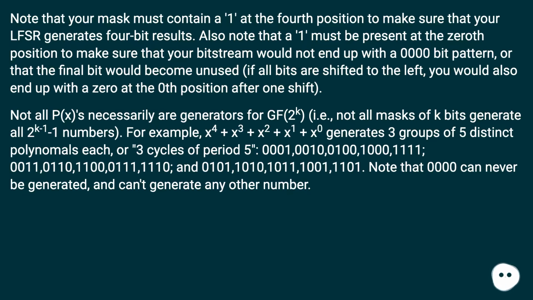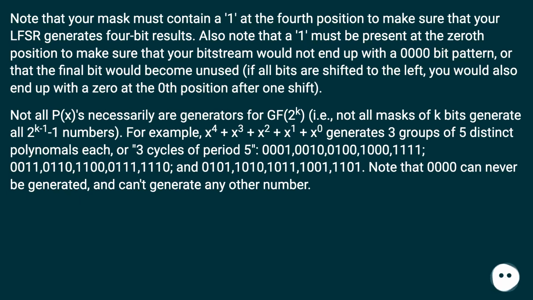If all bits are shifted to the left, you would also end up with a 0 at the 0th position after one shift. Not all p(x)s necessarily are generators for GF(2^k), i.e. not all masks of k bits generate all 2^k - 1 numbers.